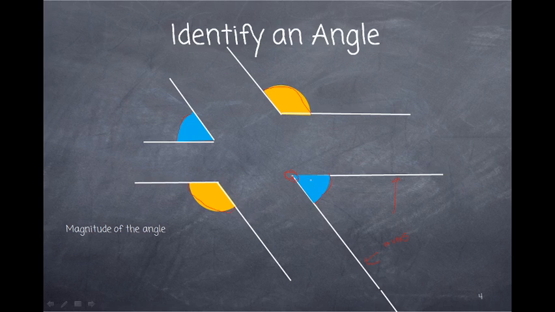You can see the size of the angle just by observing it. This yellow angle is a bit bigger than the blue angle. So the size is called the magnitude of the angle. We can say here the magnitude of the yellow angle is greater than the magnitude of the blue angle.